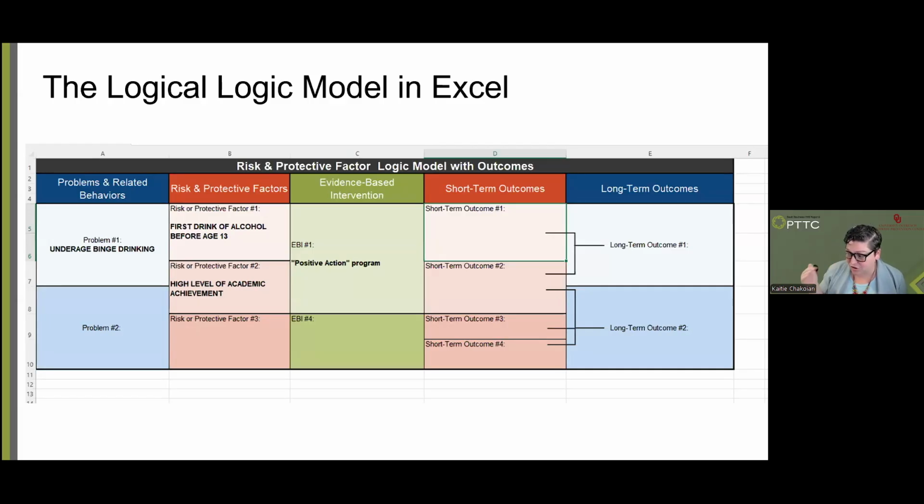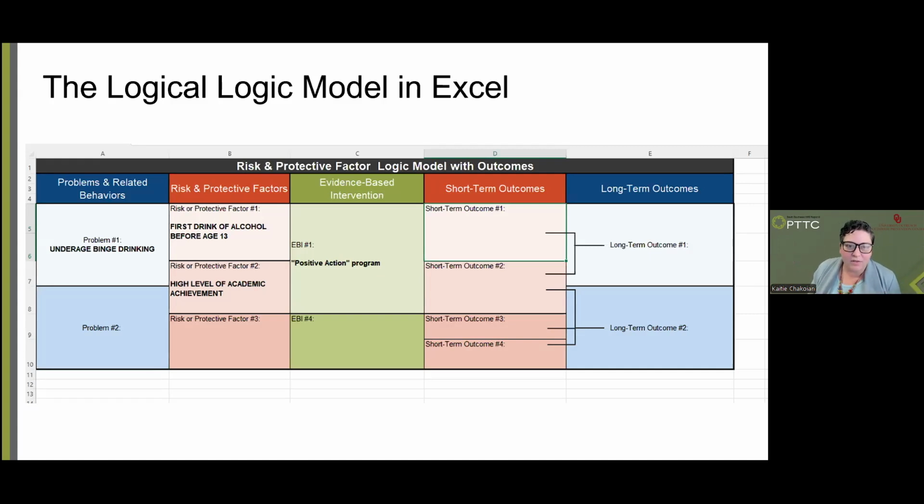We have our first drink of alcohol before age 13 and our high level of academic achievement. And then I have plugged in the Positive Action Program as my EBI. If you don't have an EBI to plug in right now, don't worry about that. That's not really the focus. I'm just sort of working it through so you can see where it would go.